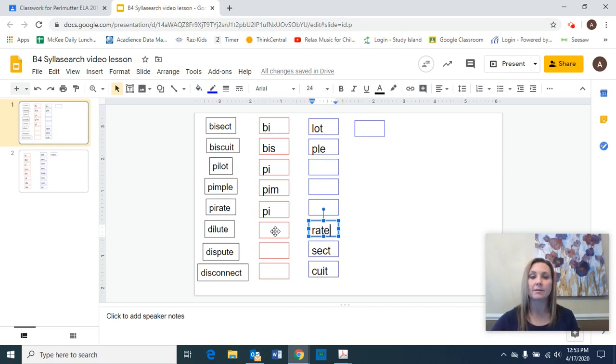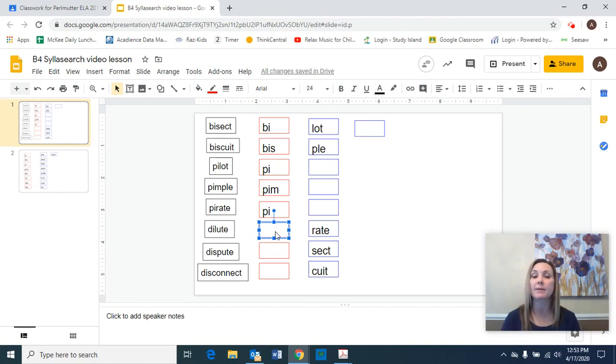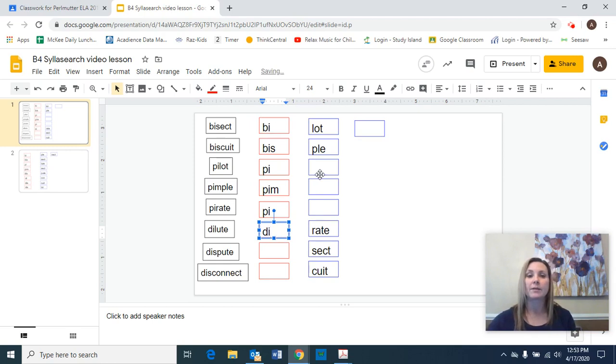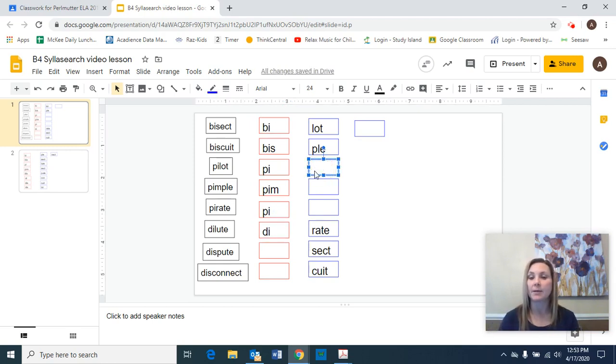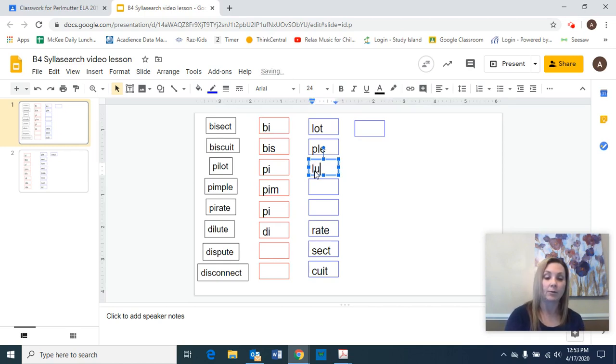All right, let's look at dilute. Okay, say it in your head. Dilute. Ready? That's separated. Dilute. How many syllables are there? 2. What are the letters that make up the first syllable in dilute? D-I. What about the letters that make up the second syllable in dilute? L-U-T-E. All right, let's look at dispute.